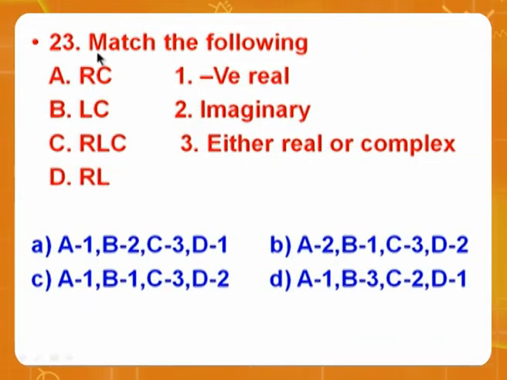Question number 23. Match the following: RC, LC, RLC, RL. Then list 2: negative real, imaginary, either real or complex. What are the options that we can have? RC, negative real axis, RL also negative real axis.